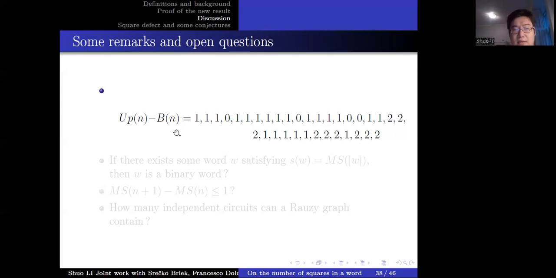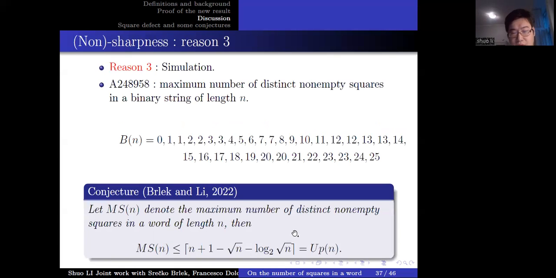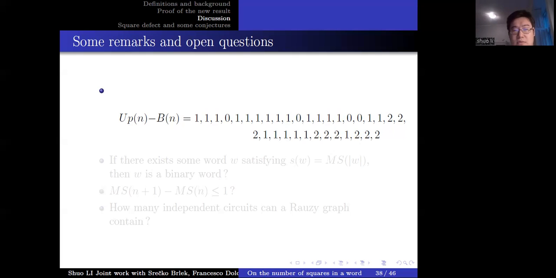So maybe our new upper bound can be improved, but for now we think it is already a strong conjecture, and for the moment I don't have any ideas about proving this.